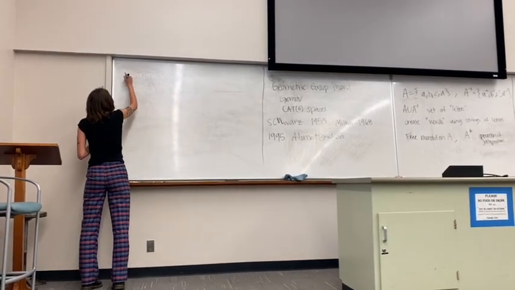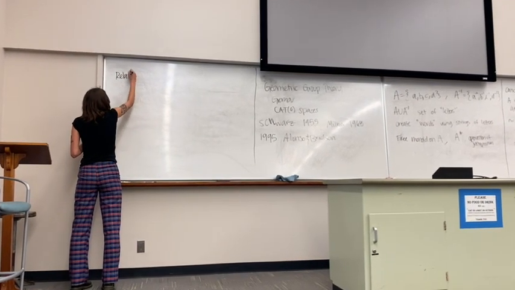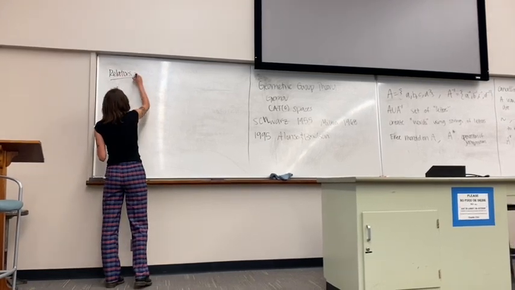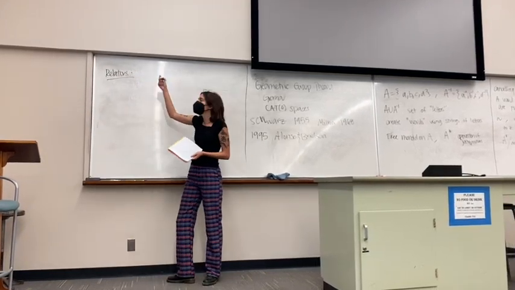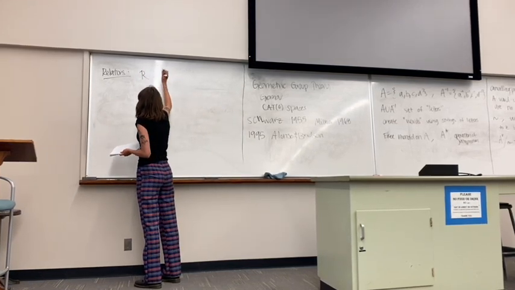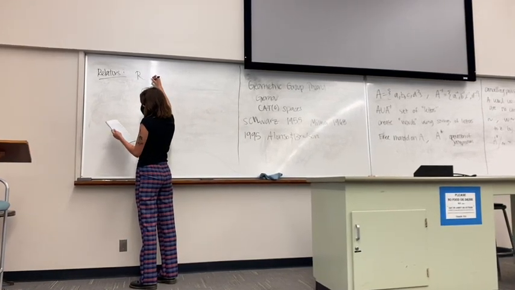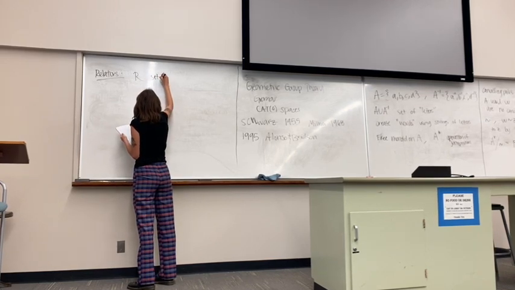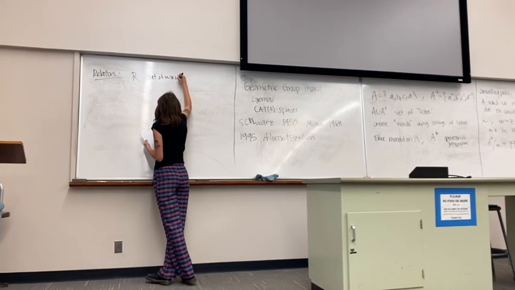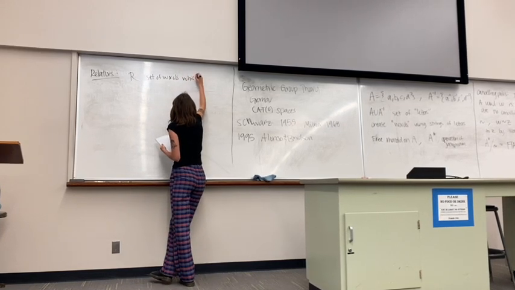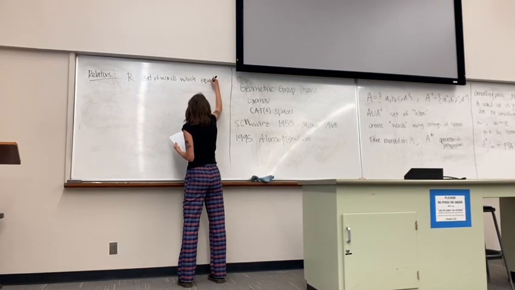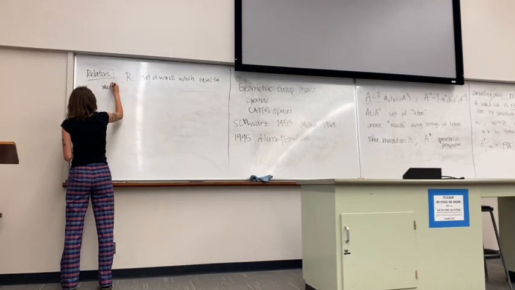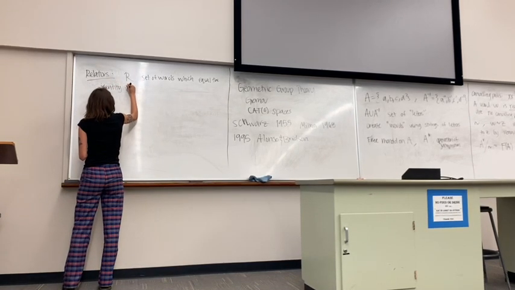We call these subwords relators, and we notate this set as the set R. R is the set of words which equal the identity in our group.